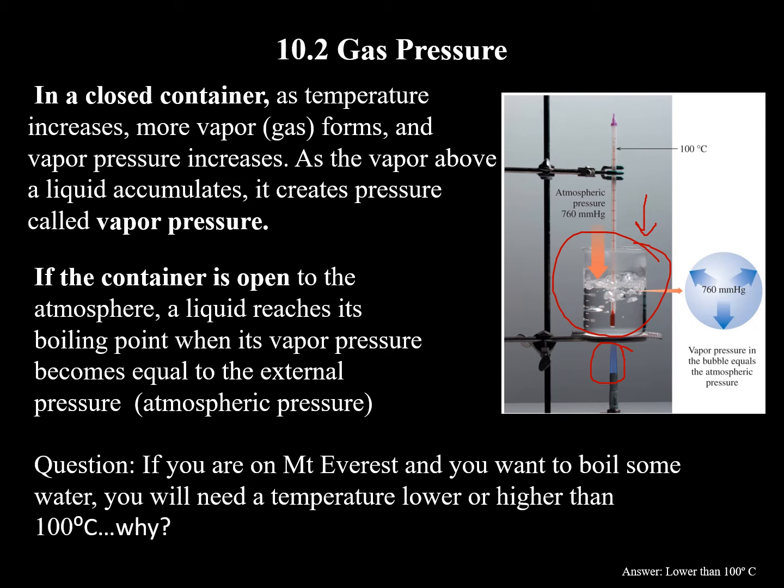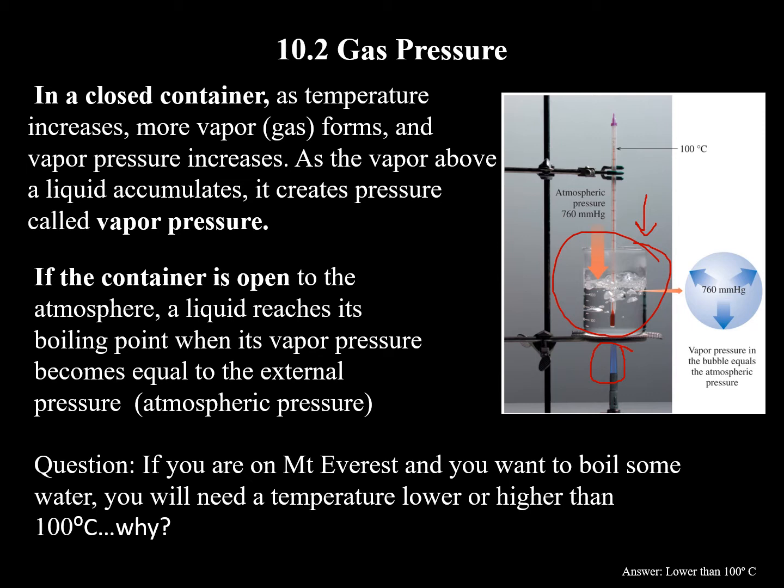So the question for you, if you're on Mount Everest and you want to boil some water, you will need a temperature lower or higher than 100 degrees Celsius. 100 degrees Celsius is the boiling temperature of water at 1 ATM. First, we have to establish, when you're on Mount Everest, is that a higher pressure or lower pressure than at sea level? It's a lower pressure.